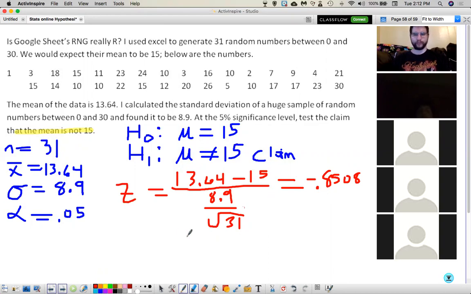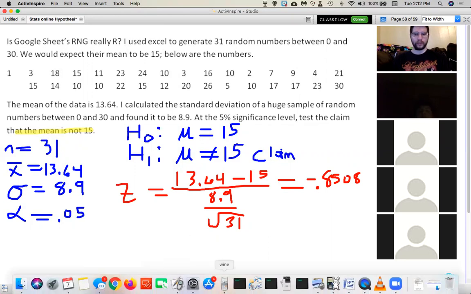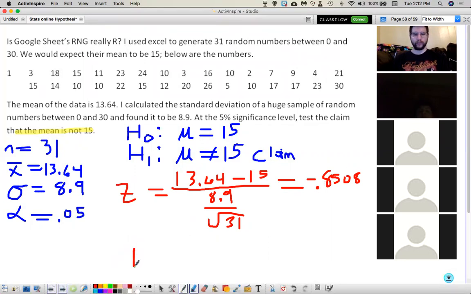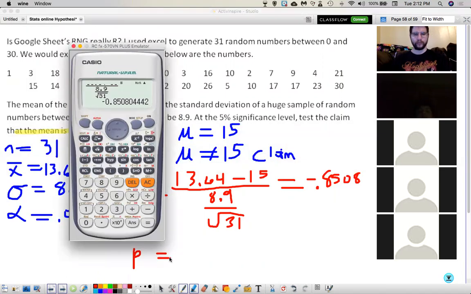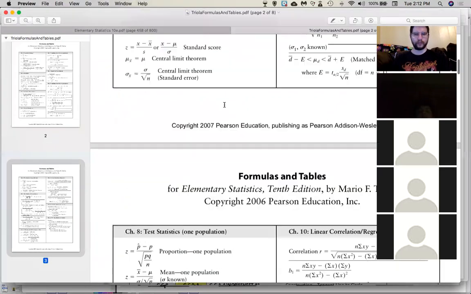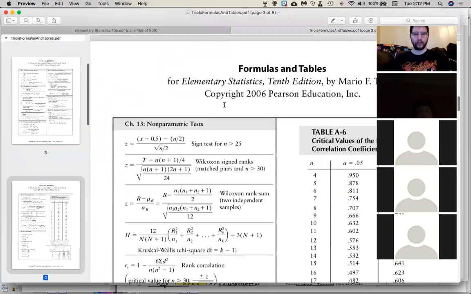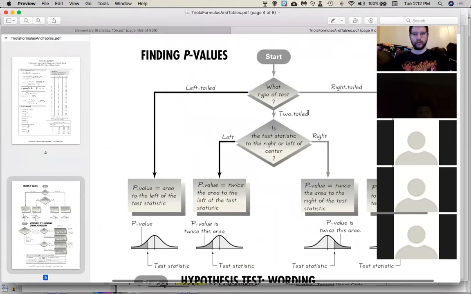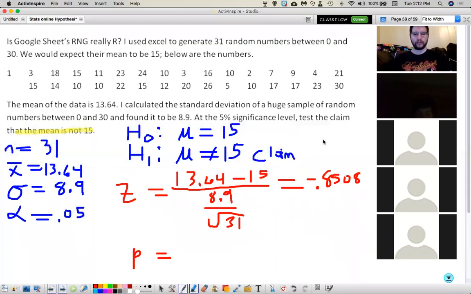Why not p-value? So using the chart, I'm going to look up my tail first, see what's going on. So, two-tail. What do we do with a two-tail? Is it to the left or the right of the center? Let me draw it in a different color.